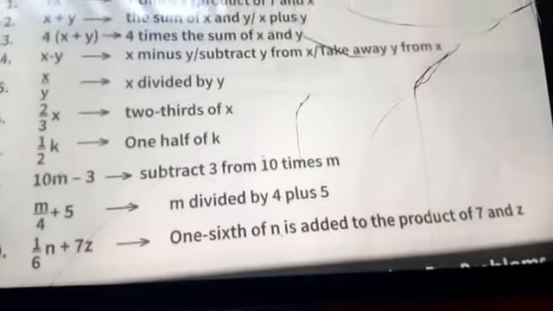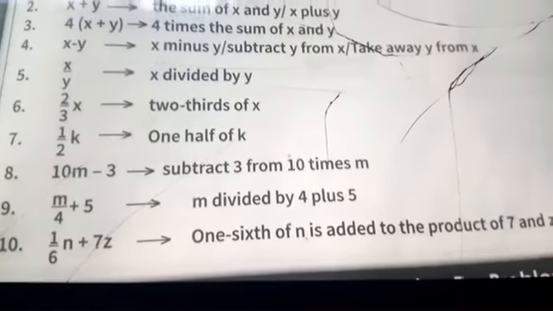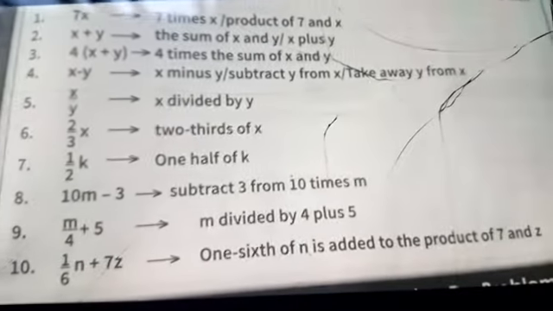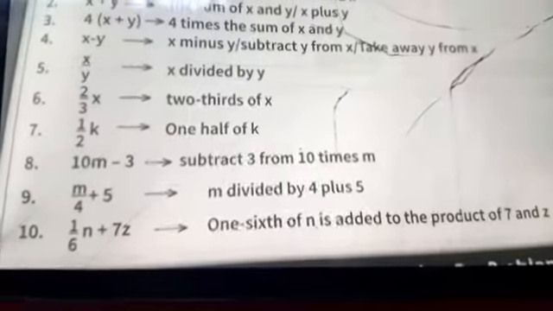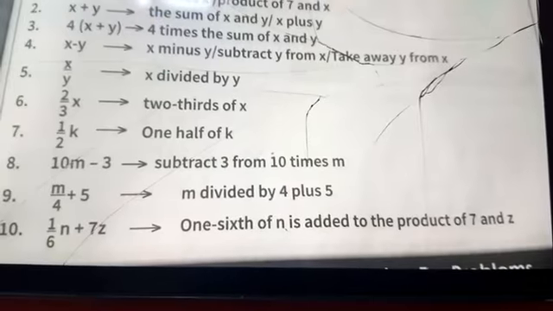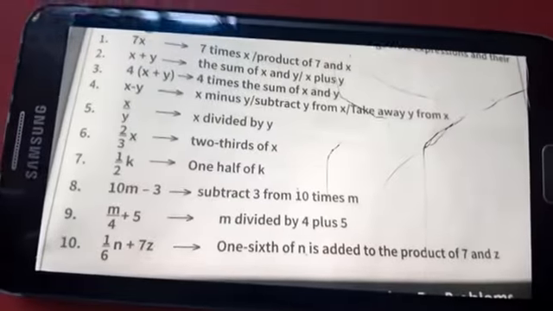We can have 10m minus 3, which means subtract 3 from 10 times m. m out of 4 plus 5 would also mean m divided by 4 plus 5, and then 1/6 of n plus 7z would also mean 1/6 of n plus the product of 7 and z.